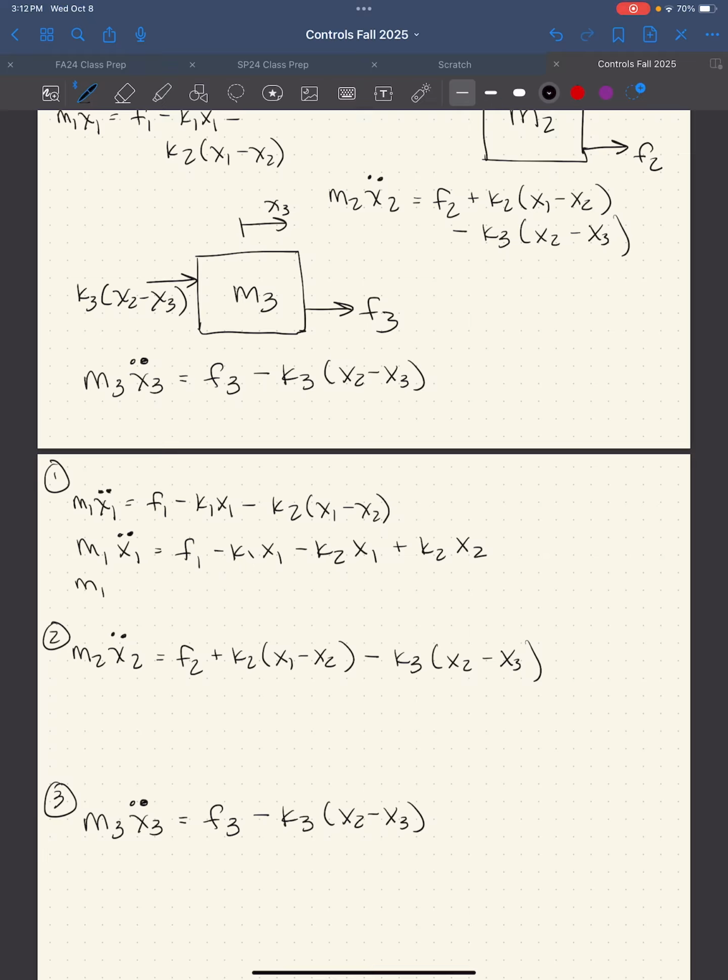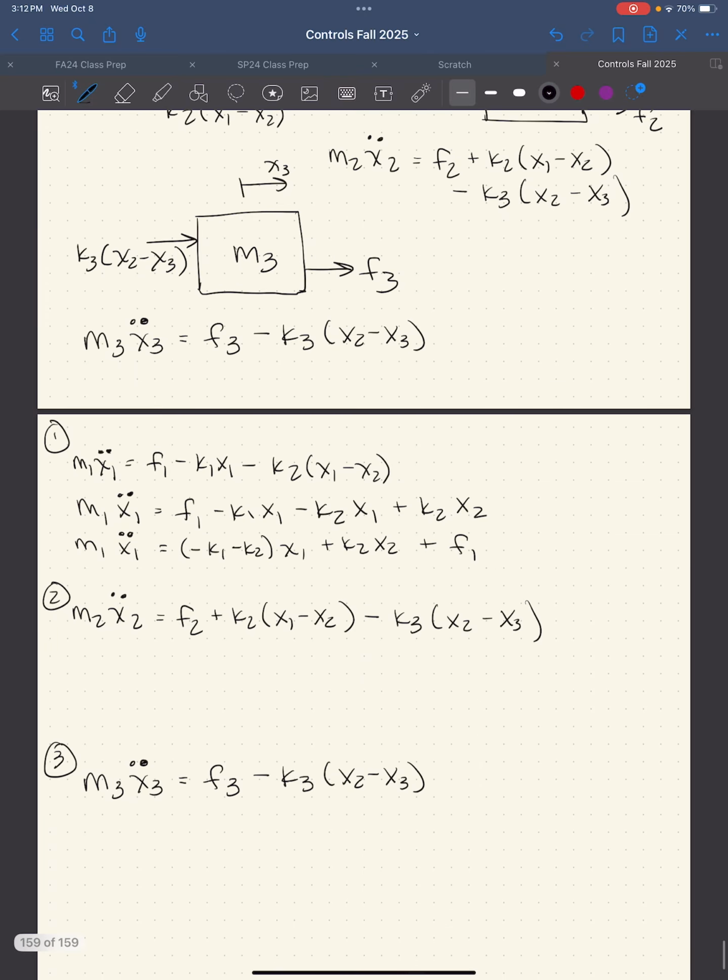So I'll get m1 x1 double dot equals, I'm actually going to go ahead and move this F to the end as well: minus (k1 plus k2) times x1 plus k2 x2 plus F1. And then lastly, I'm just going to divide by this m1. So I'm going to take m1 and erase it on the left.